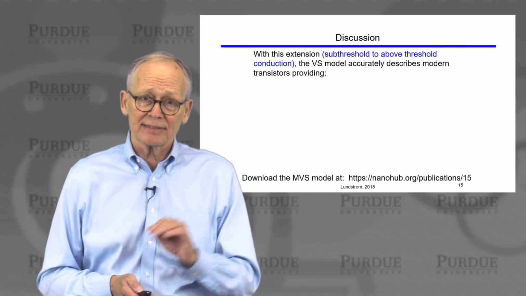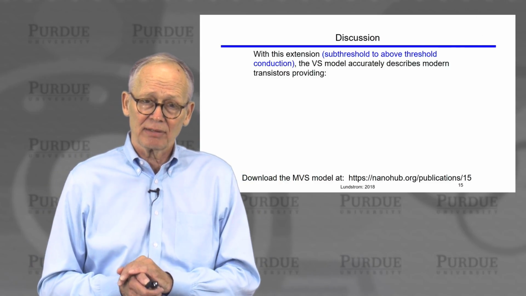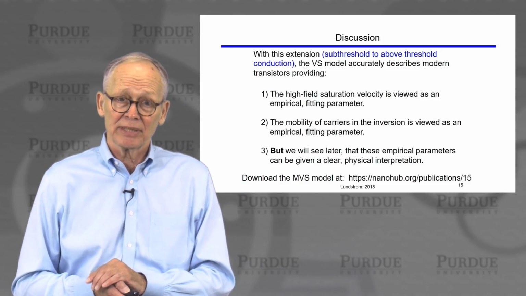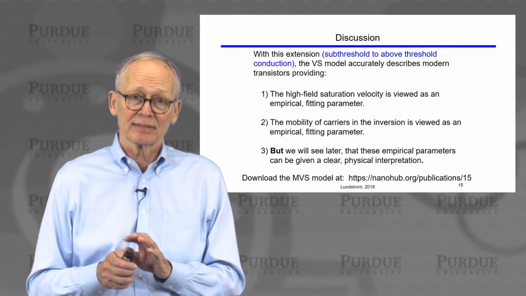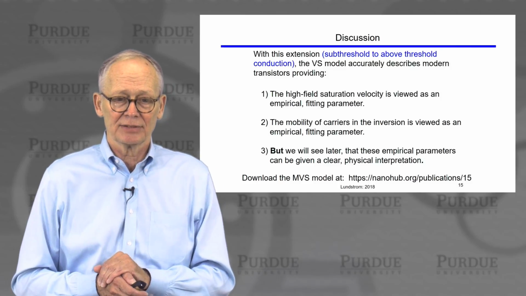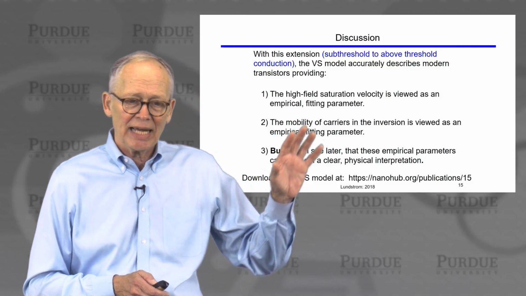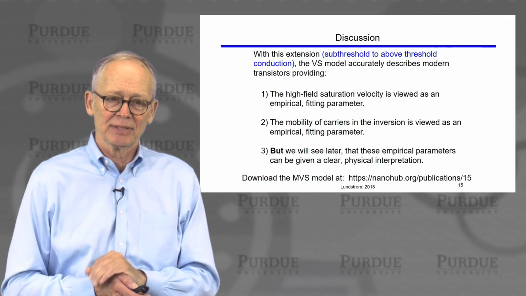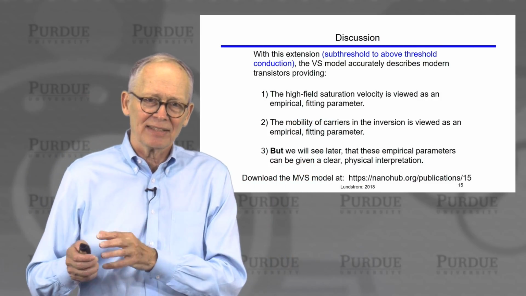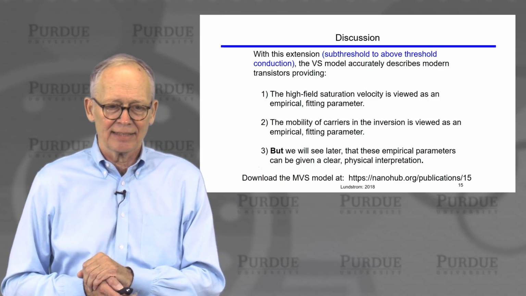Okay, so with this extension, the virtual source model actually does a remarkably good job of fitting the measured IV characteristics of modern very short channel transistors. However, we have to view the high field saturation velocity, the VSAT term in this model, as an empirical fitting parameter that we adjust to fit the data.